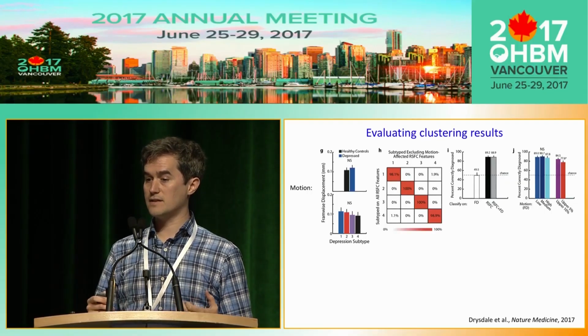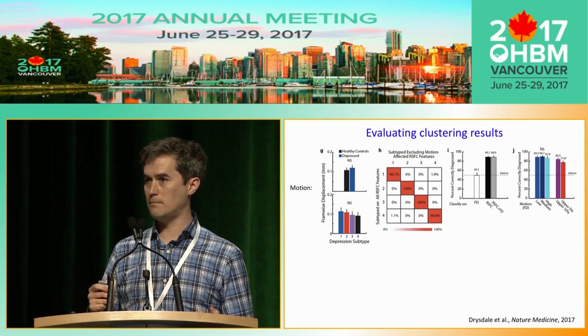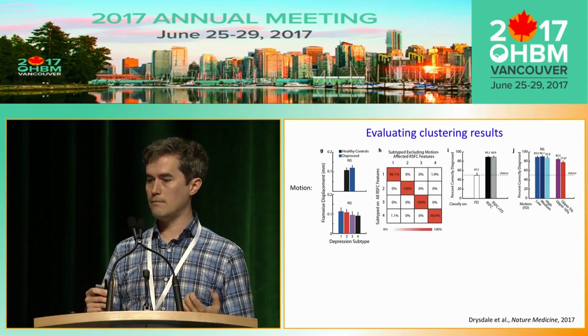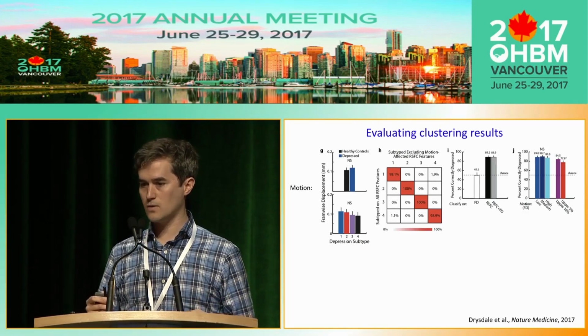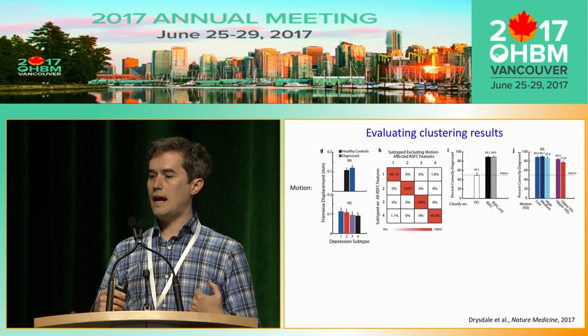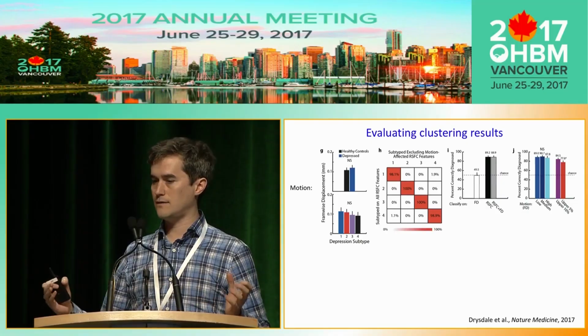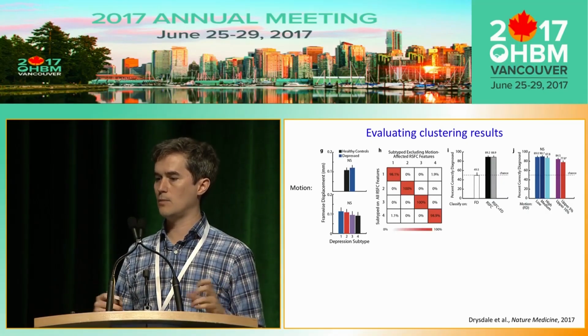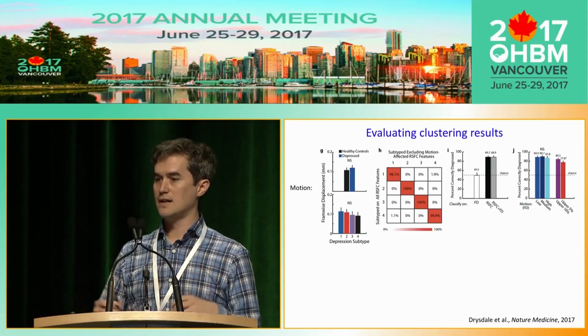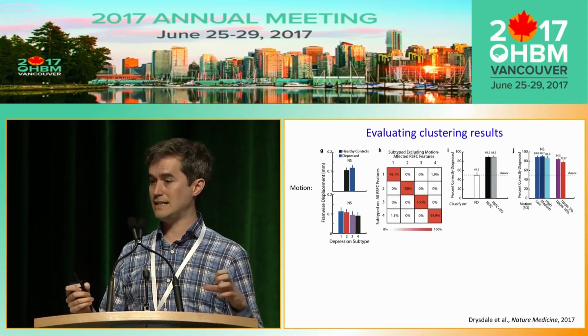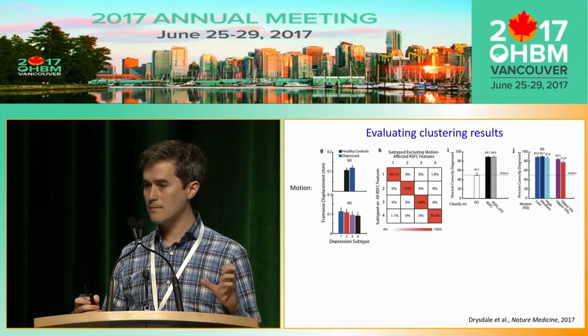Can we convince ourselves that the subtypes aren't just driven by differences in motion? We found that motion wasn't different across the subtypes or between patients and controls, and that even when we excluded any connectivity features that differed between high and low motion subjects, the cluster identity was almost always the same.